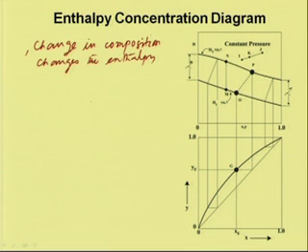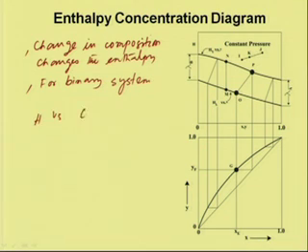So, this is the binary vapor liquid equilibria plot for a binary system. It is plotted as enthalpy versus concentration at constant pressure, and this will be very much useful in distillation calculation.